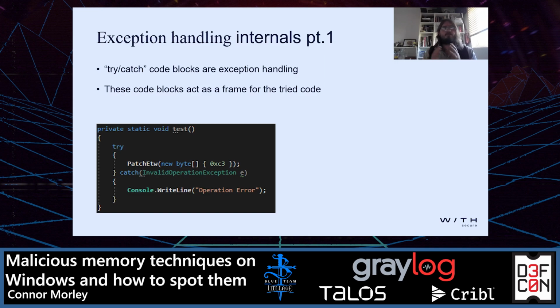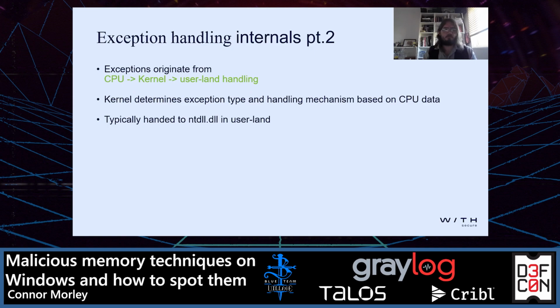Now, the exception can either be specific or general. Exceptions actually originate from the CPU, not from the program itself. The CPU will notice the exception has happened. It will then prompt the kernel, with relative information, which will create the environment context, exception records, and all this sort of stuff, which is then handed back to user land for handling within the program itself.